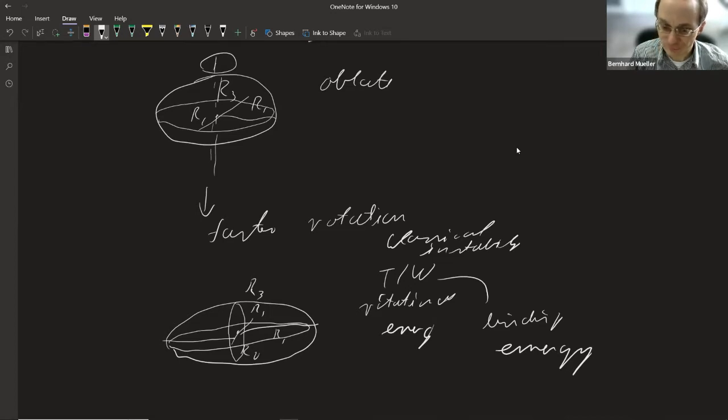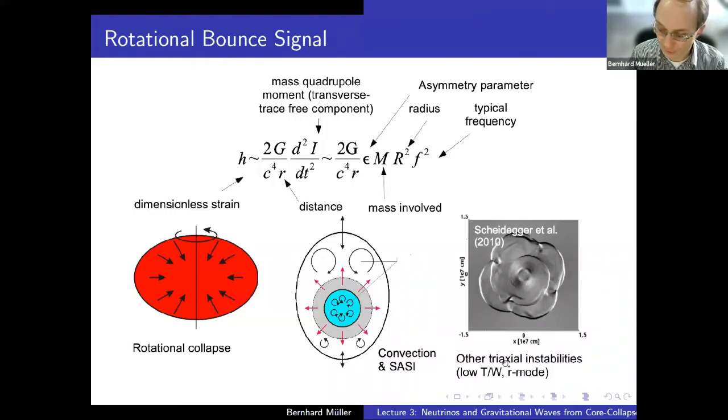But if you have a more complex stratified differentially rotating fluid, you can actually hit this instability at low values of T over W, the ratio of rotational energy to binding energy, of just a few percent. That's what this low T over W mode here means.